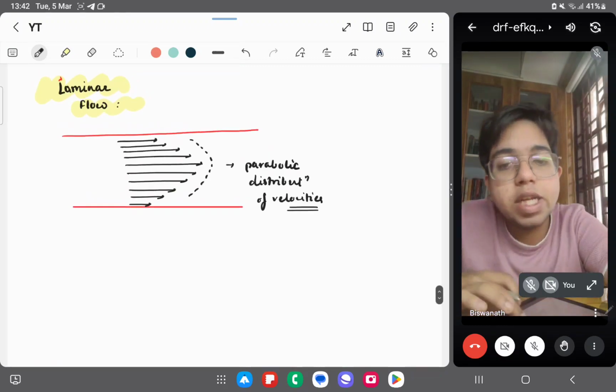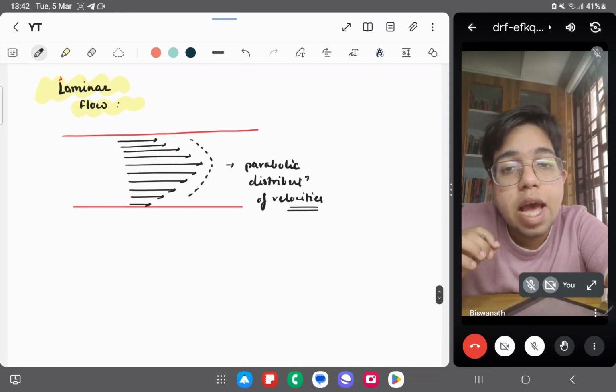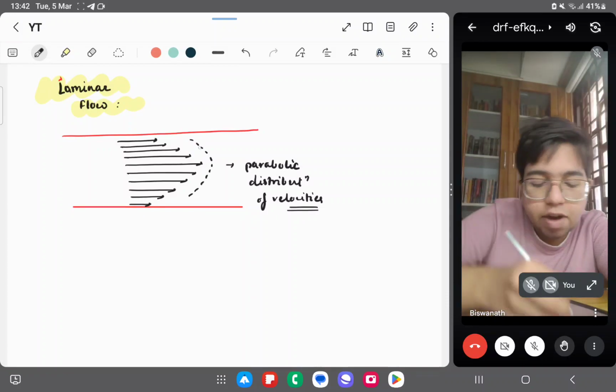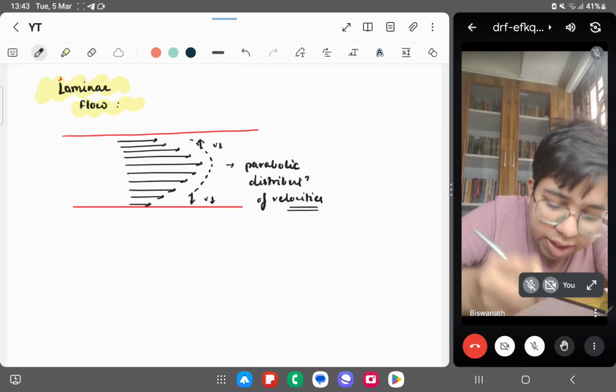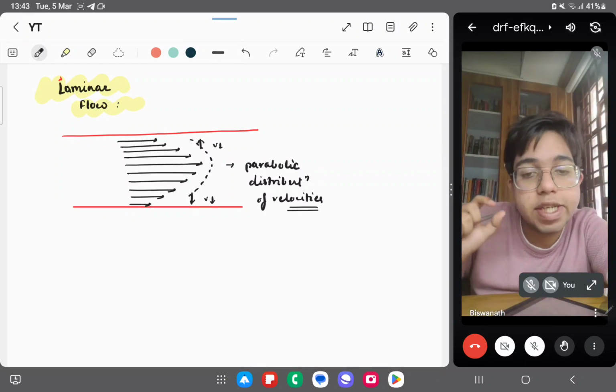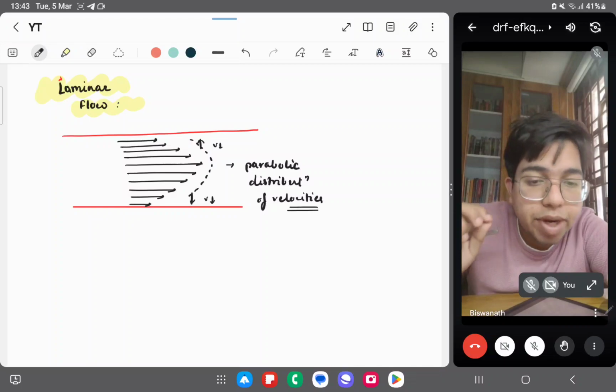As you move up, the velocity decreases; as you move down, the velocity also decreases; and in the middle portion, the velocity is higher. This is known as laminar blood flow.